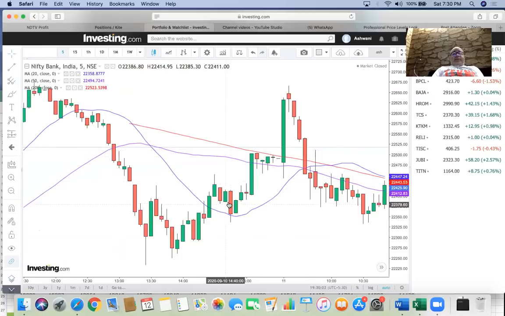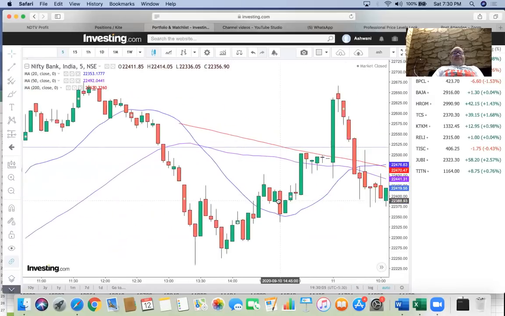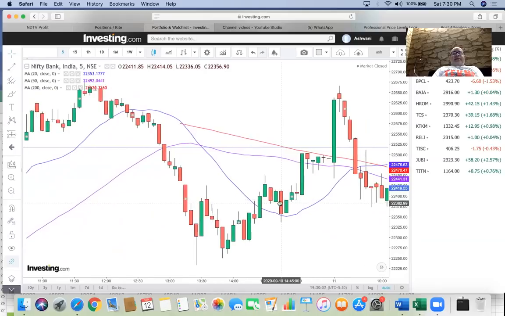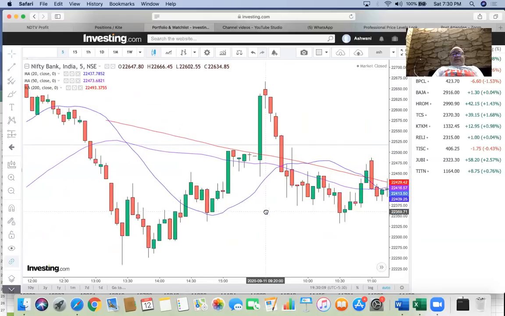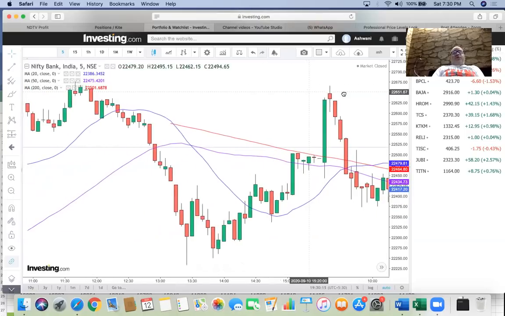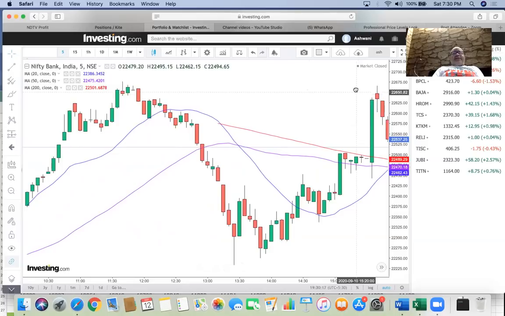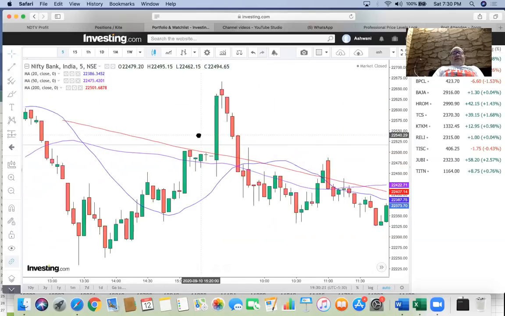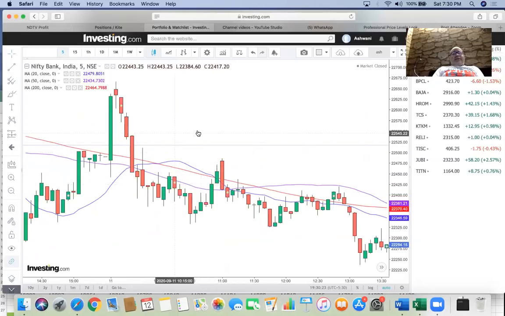Okay, so this is, again, as you can see, this was 11th of September, big upside move. It almost hit previous session high. You went short here, and as you can see, look at the decline you got.